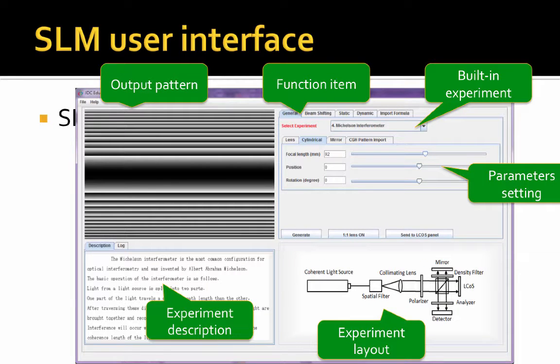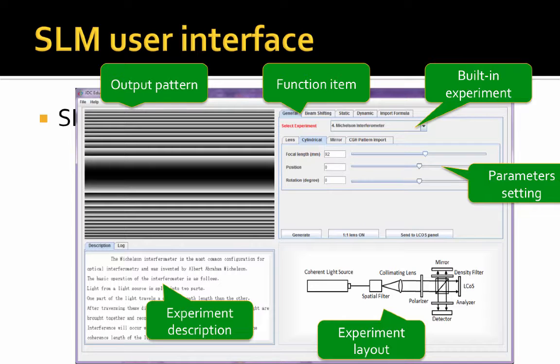All right, so we'll come back more to equipment, but I'm just going to touch on the SLM user interface here as well. When you open up the user interface, it won't have this same output pattern, but it'll have these 4 regions. The upper left region shows the output pattern of the SLM, so what is being sent to the little SLM active area.